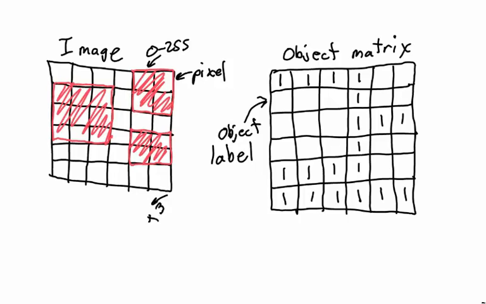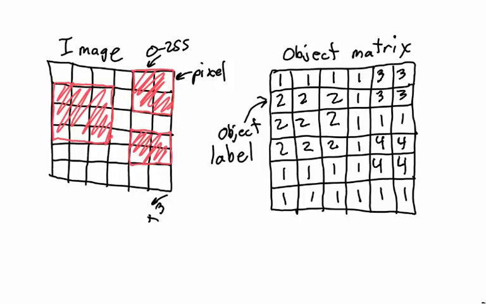So we want our object matrix to have a different number, say 2, in all of the pixels corresponding to the first red square. It would then place a 3 in all of the pixels corresponding to the next square, and a number 4 in all of the pixels representing the third square. This is the target or desirable output of our image segmentation.